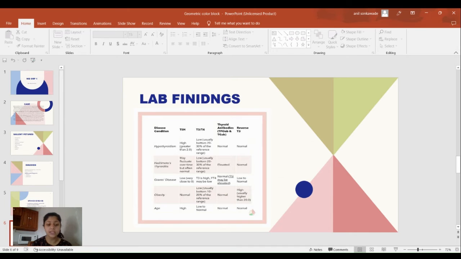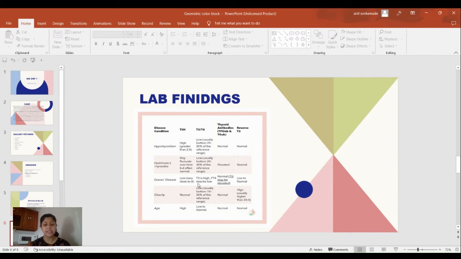Here you have the other types of thyroid diseases: hypothyroidism, Hashimoto's thyroiditis, and Graves' disease. In the lab findings you will have low or very close to zero TSH.